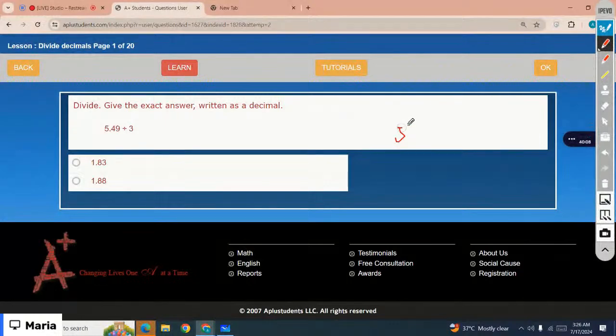That is 549 by 3. We'll put the decimal point at the end. 3 times 1 is 3. 5 take away 3 is 2. Now bring the next digit down. 24. 3 times 8 is 24. The next one is 9. 3 times 3 is 9, take away 9 is 0. That is 183. You have 2 places left in the question. So that means you need to put the decimal point in the same position. That is 1.83. The correct option is 1.83.